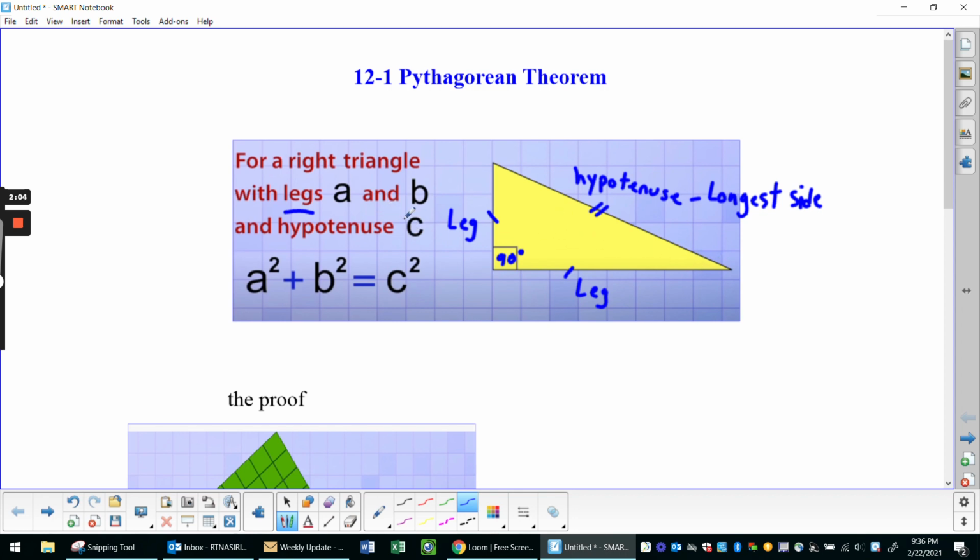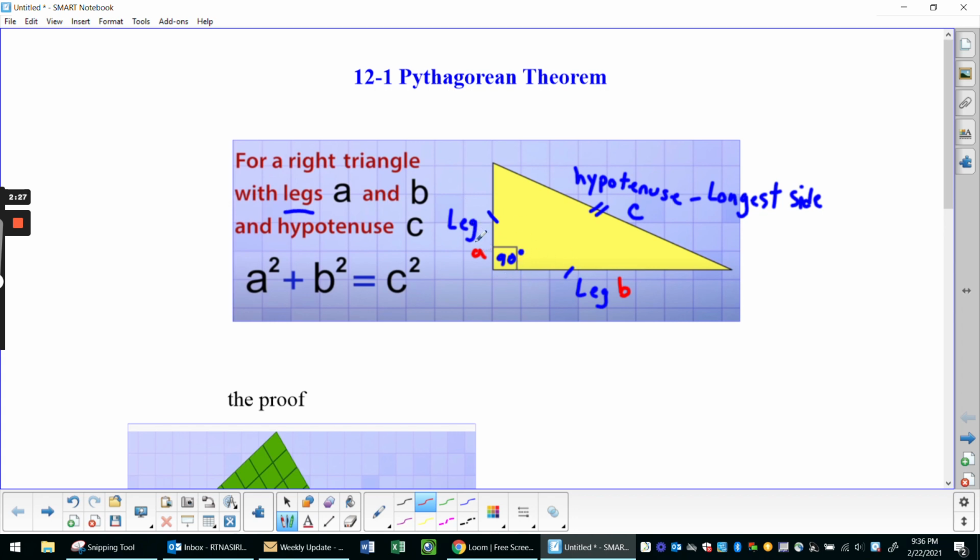Now, typically what we label these as A, B, and C. So hypotenuse is always labeled as C, and the legs are labeled as A and B. Now, what's important is that you can label this leg B or A. It doesn't matter.